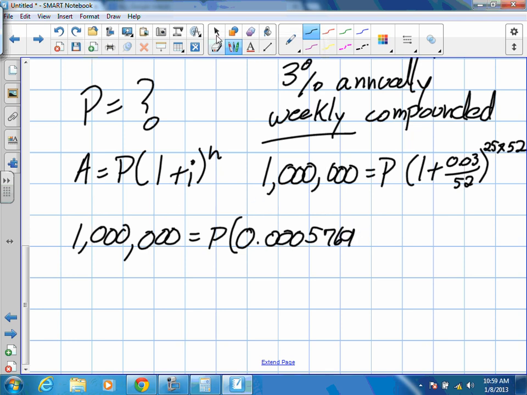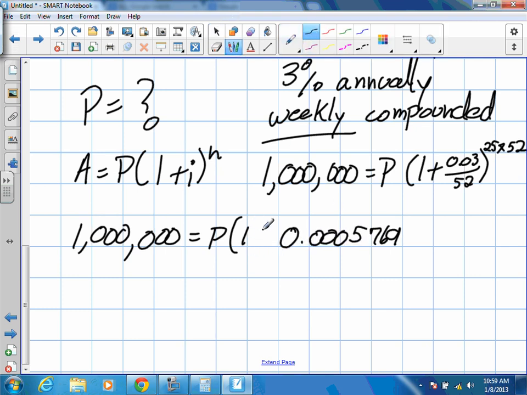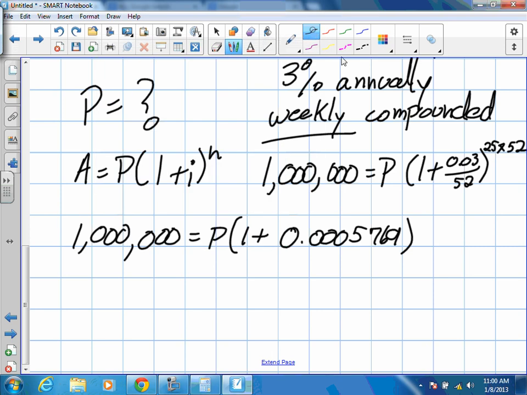And that has to be plus 1, can't forget that. So 1 plus that. And then our compound period is 25 times 52, which is 1,300. So to the power of 1,300.